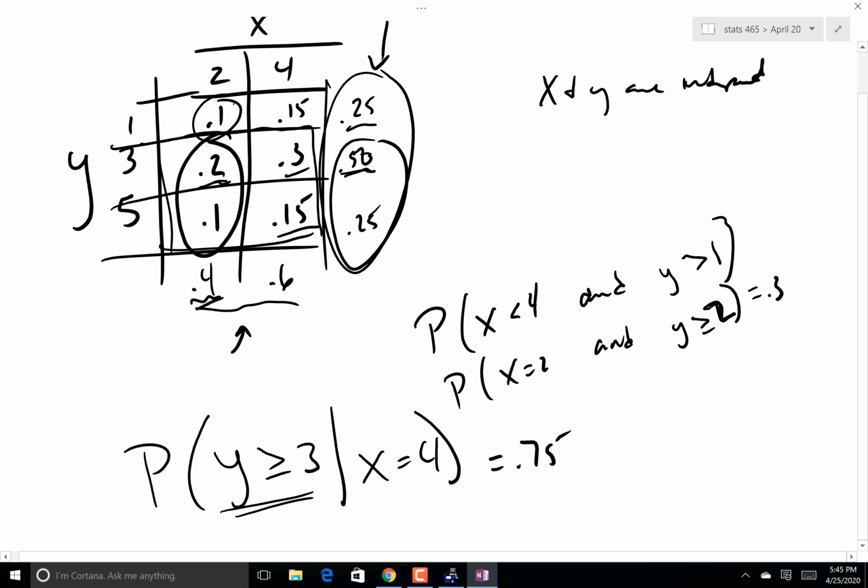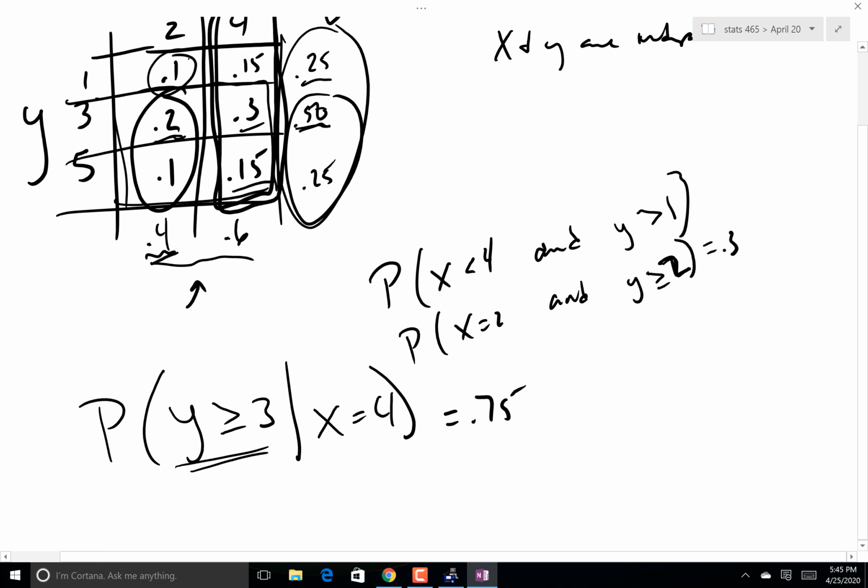Right, but here's the thing. Given that X equals 4, if you look at this, all I'm interested in is this column right here. Are you with me? That's all I'm really interested in. Now you're like, well, how'd you get 75%? Isn't it true that it's 0.45? Kind of. You're right. It's those 2 boxes right there. It's the only thing I'm really interested in, right? However, it's those 2 boxes out of this whole column.